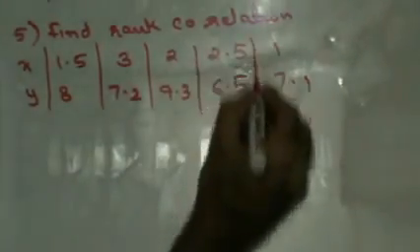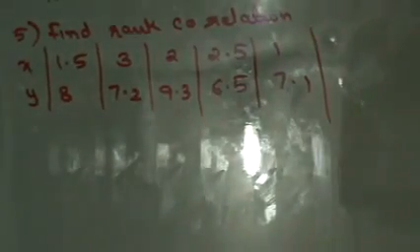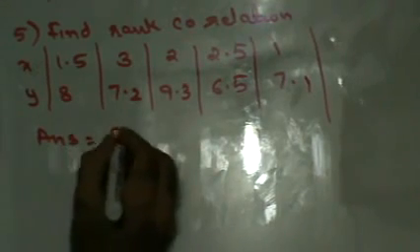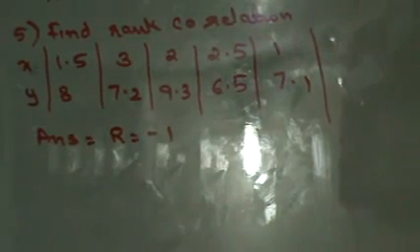Again, here you have to first rank the data and then get the rank correlation. This will be like your second sum where you rank the data first. The answer for this should be R is equal to -1.